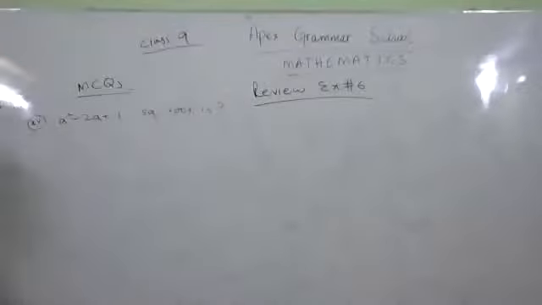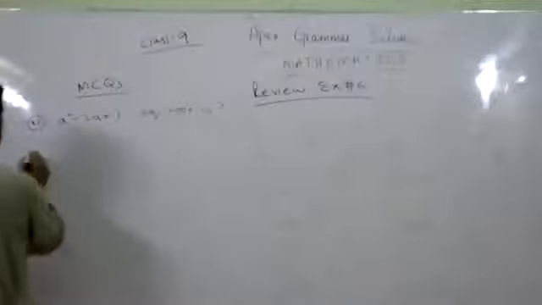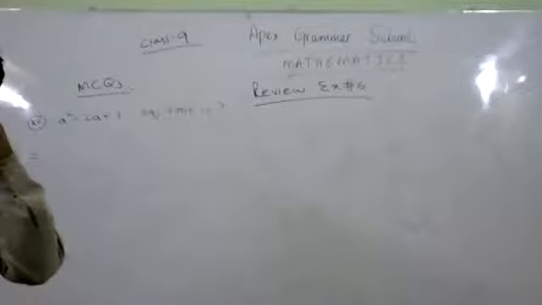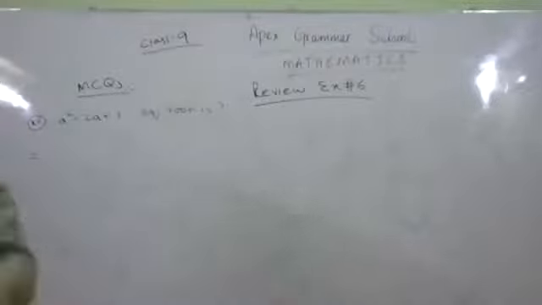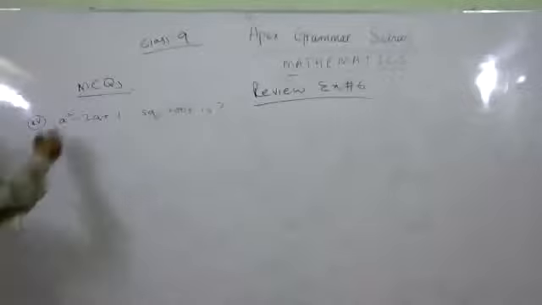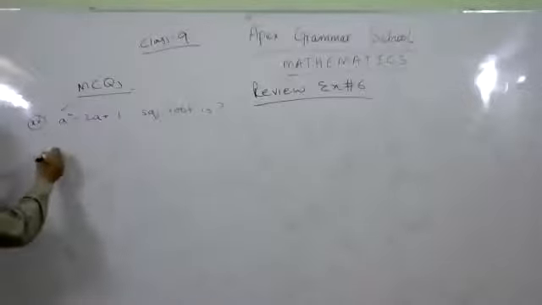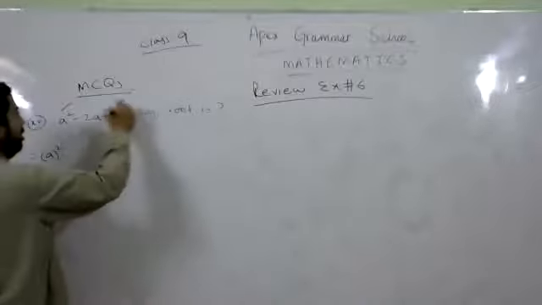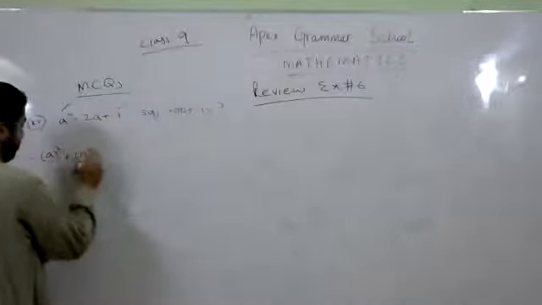Now, to find the square root of this one, this must be the square of some expression. I have already told you that to make the square, you need two positive squares in it. The first positive square is a square, and the second positive square is 1 square.